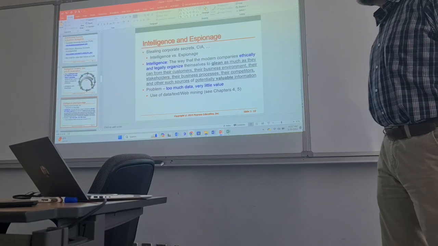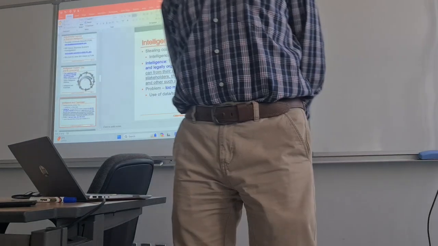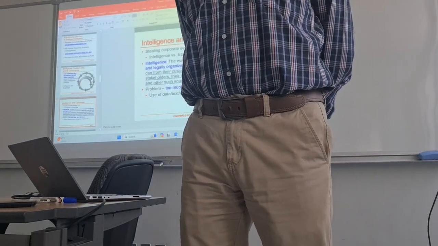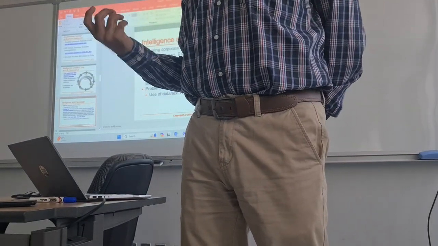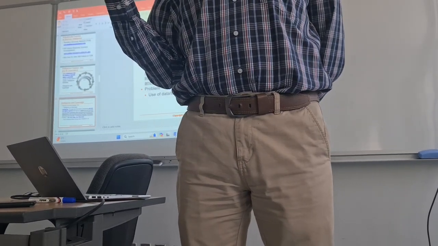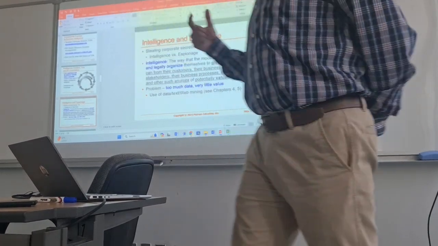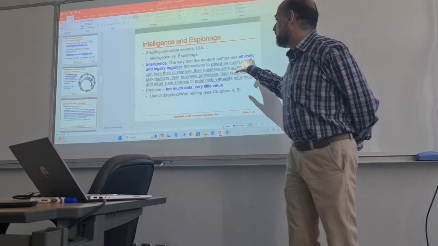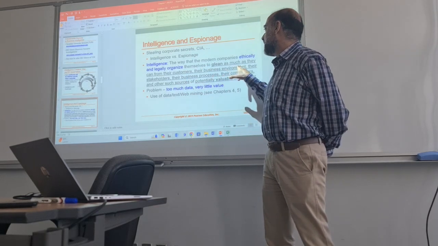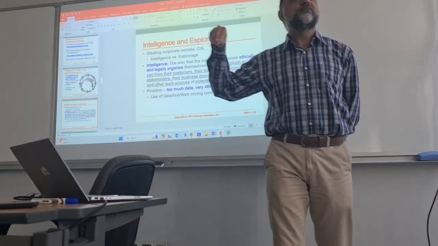Just one thing. The word intelligence, you might be wondering where it came from. Intelligence is normally a word associated with the military and those kinds of things. So why did they pick this word intelligence? Because in intelligence, what you do is you try to collect, ethically and legally, data from different sources, and this is what intelligence means.